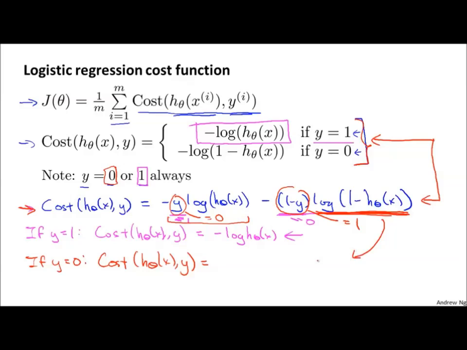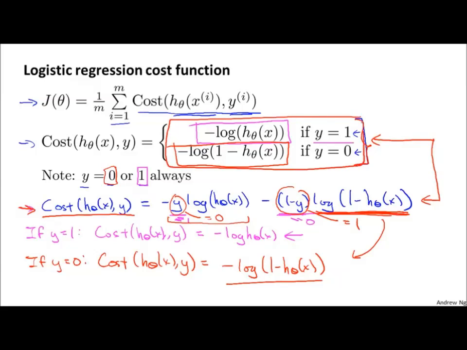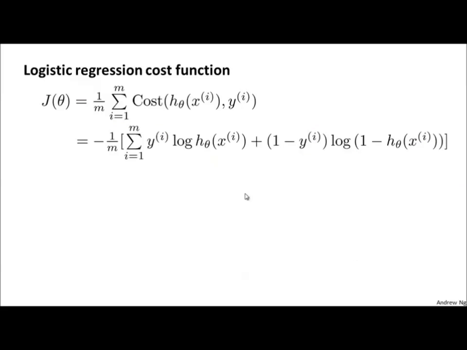We're just left with minus log(1 minus h(x)). And you can verify that this is exactly what we had for when y is equal to 0. So this shows that this definition for the cost is just a more compact way of taking both of these expressions, the cases y equals 1 and y equals 0, and writing them in a more convenient form with just one line.